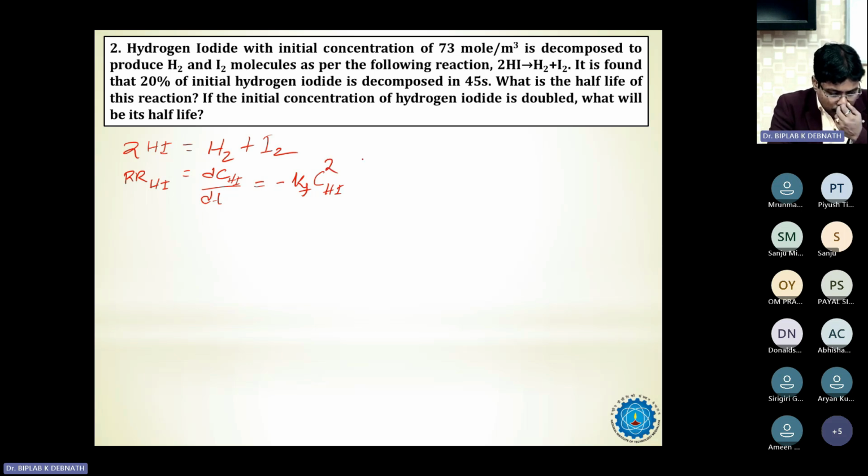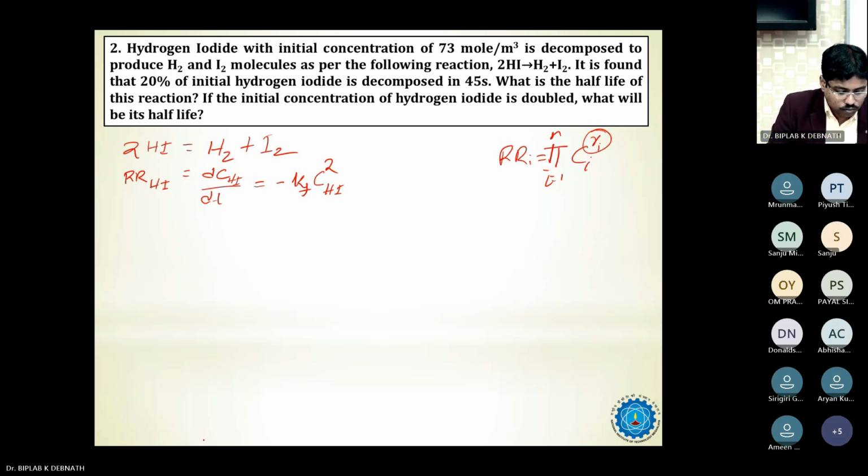Okay. Why? Because as per law of mass action, the reaction rate of i is equal to the product of i equal to 1 to N, C of i to the power gamma i. What is gamma i? This gamma i basically is the stoichiometric quantity. Okay.